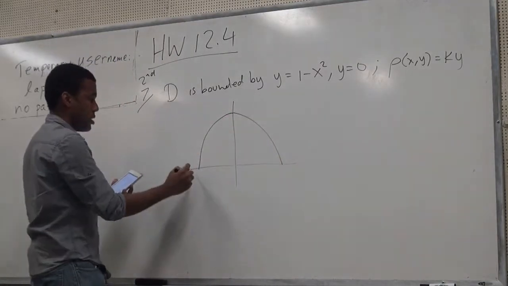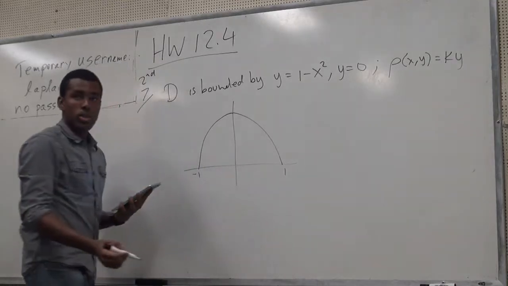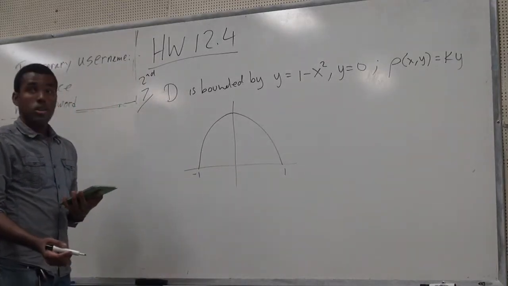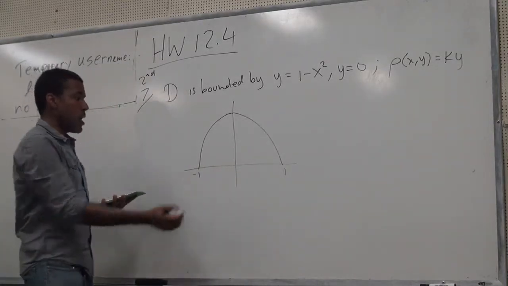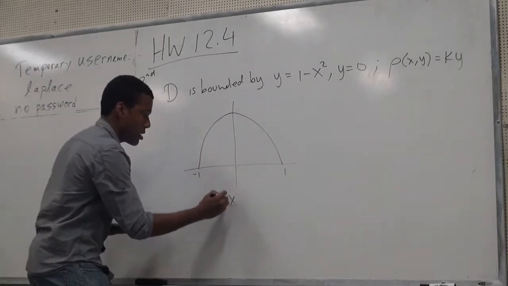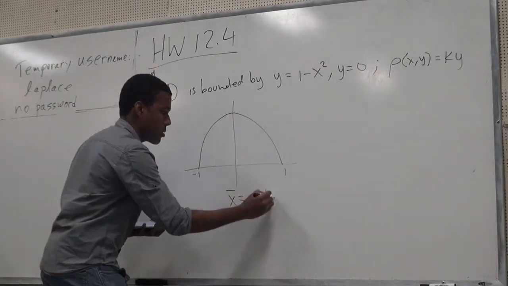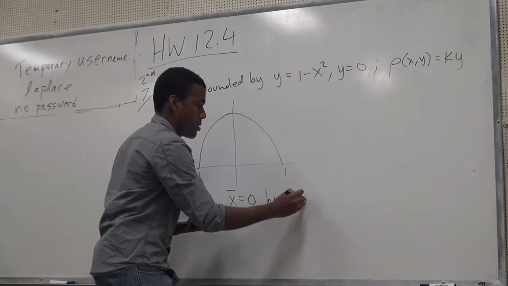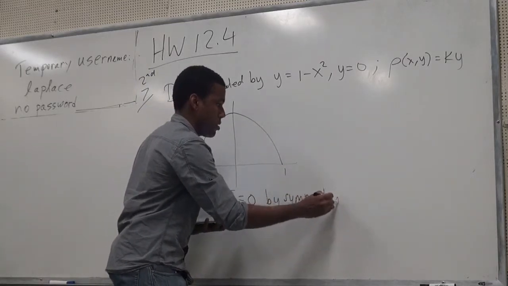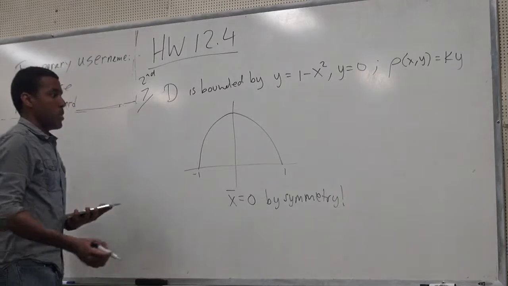Upside down parabola, it's between -1 and 1. So again, we have symmetry here. I can tell right away x bar is going to be 0. This is my region.